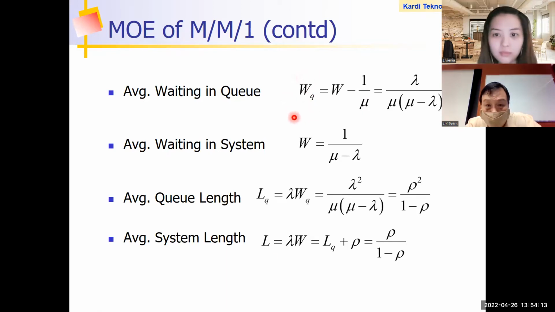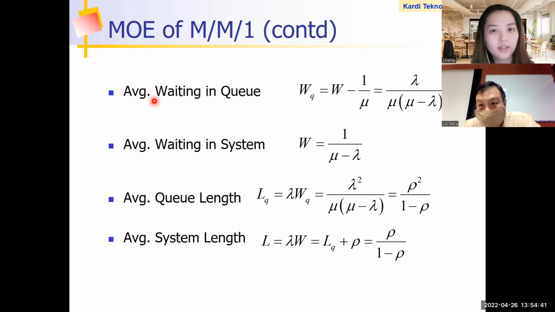Okay. So next, this is what you need to do. You want to compute W, Wq, and L. This is waiting in queue, waiting in system. What's the difference again? What is the meaning of waiting in queue and waiting in system? What's the difference? Waiting in queue is waiting to be served.